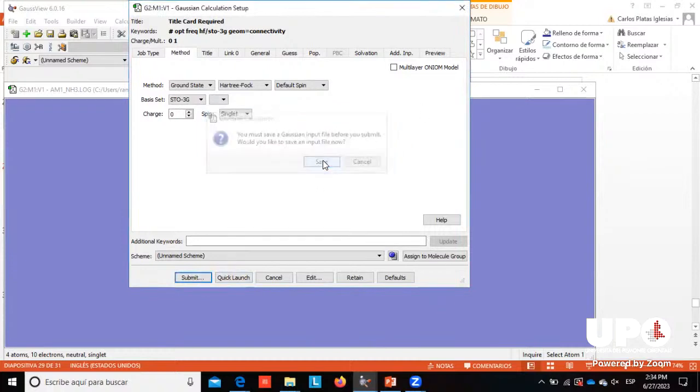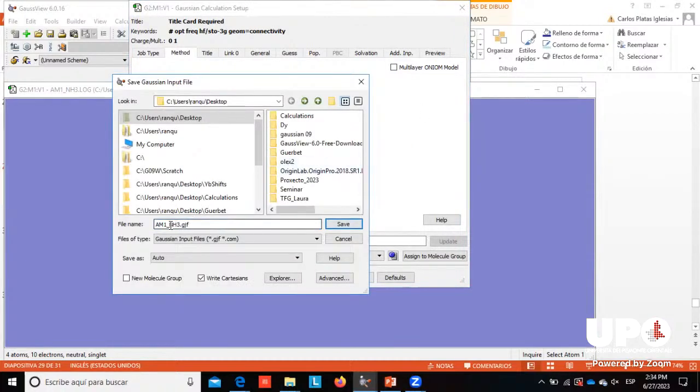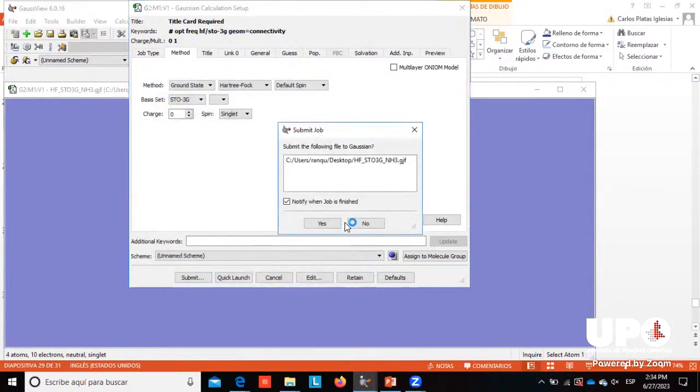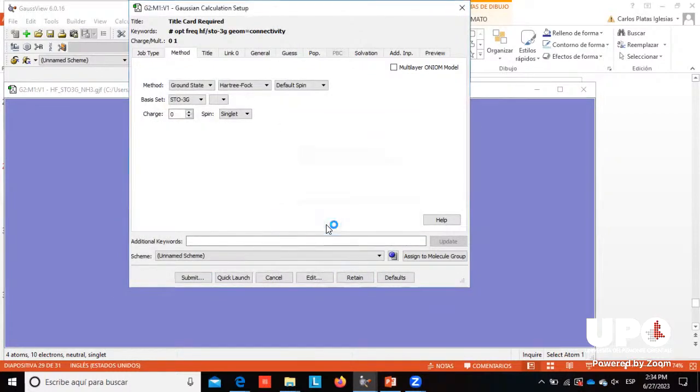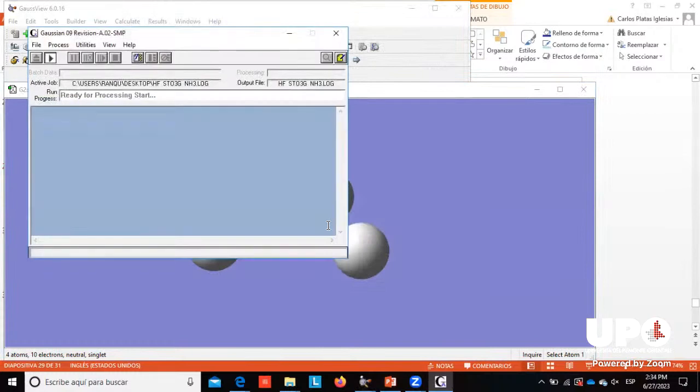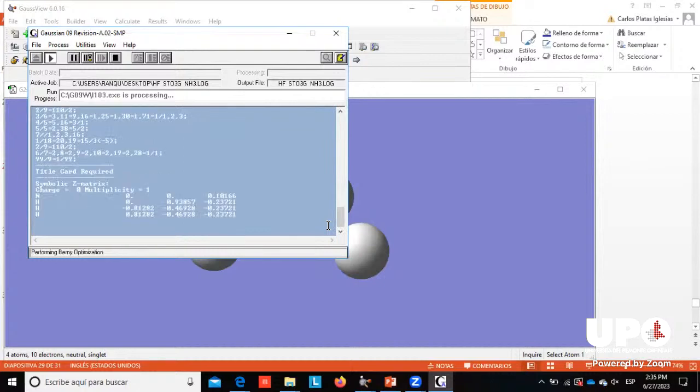We save again. So I will save this, for instance, as Hartree-Fock STO-3G NH3, so that looking at the name, I can understand what I am doing with the calculation. I save, I submit, and if everything goes well, Gaussian is launched and it will start running.